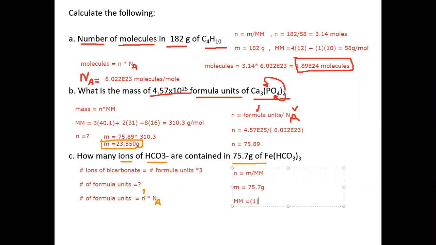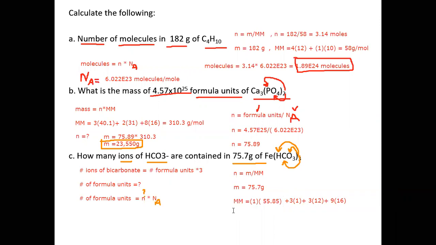So 1 iron times 55.85. Now again, this 3 gets distributed to the hydrogen, to the carbon, and to the oxygen. So that becomes plus 3 times 1 plus 3 times 12 plus 9 times 16.